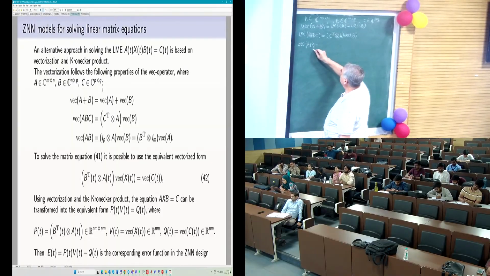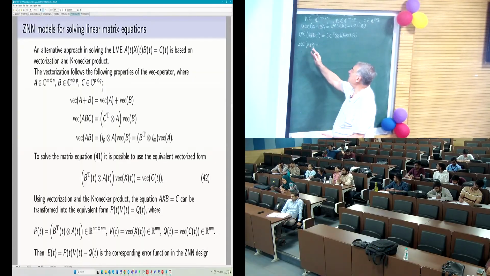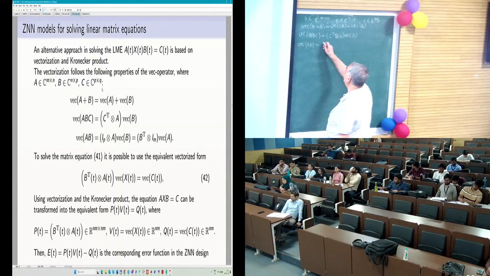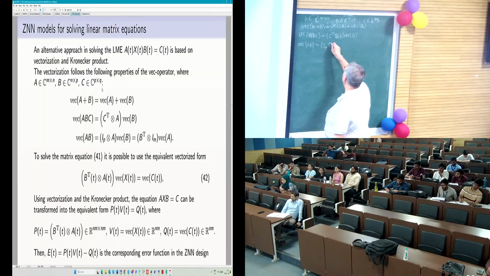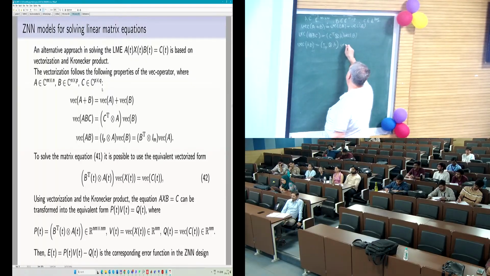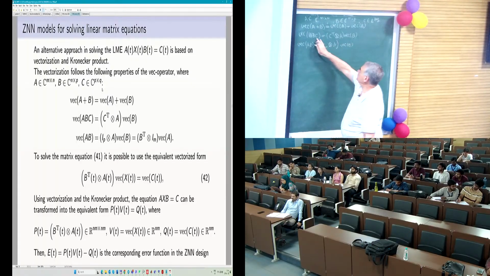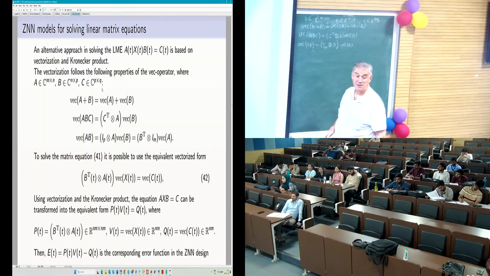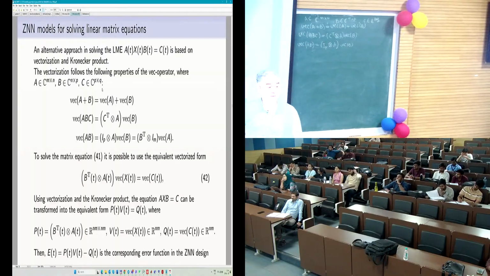Here we can consider Ip, and the result will be AB. Instead of C, we will have Ip, and it will be Ip Kronecker I, vectorization of B: transpose last, Kronecker first, then vectorization of the second term in the middle.